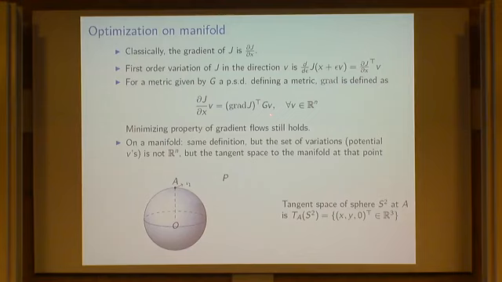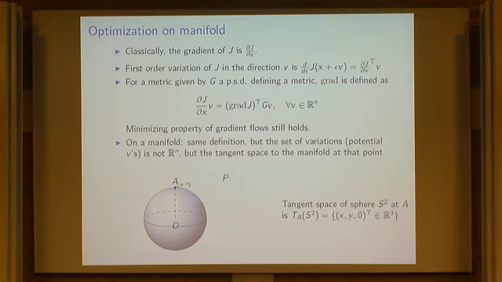The minimizing property of gradient flows, by which I mean if you solve the equation x dot equals minus gradient j, do we tend to a minimum of j, still holds for this definition of the gradient. Now this easily extends to a more general setting.